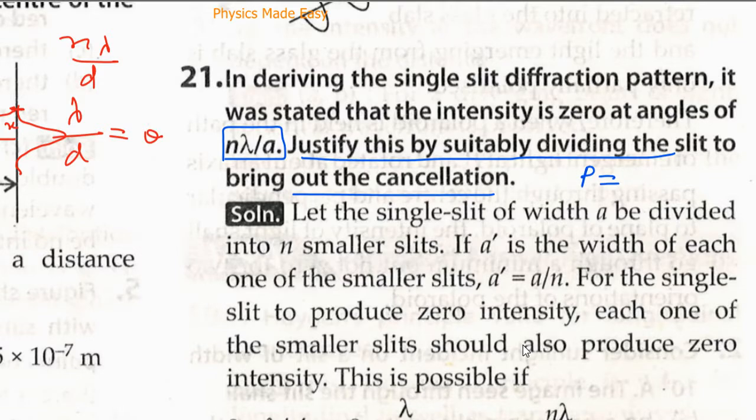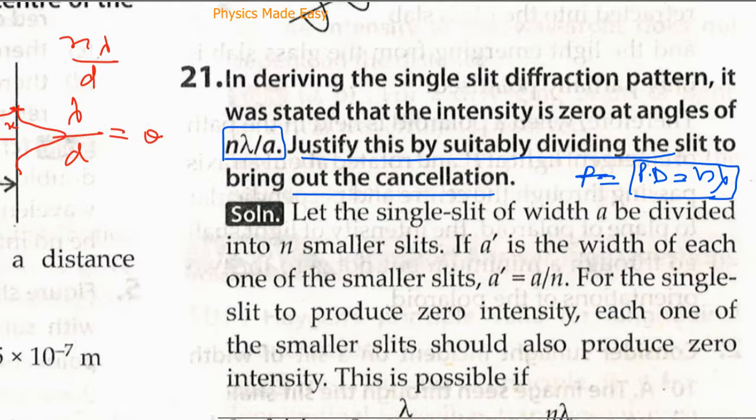The basic reason for this is that for n lambda, we divide the slit into 2n parts, and for every part there exists another part with which it interferes destructively. This logic is well explained in theory. See my theory lectures for a detailed explanation with diagram.